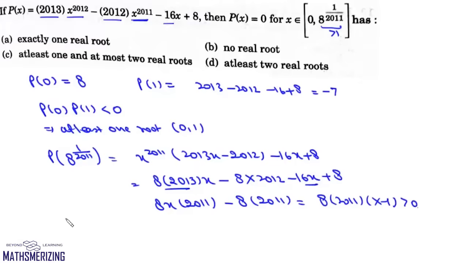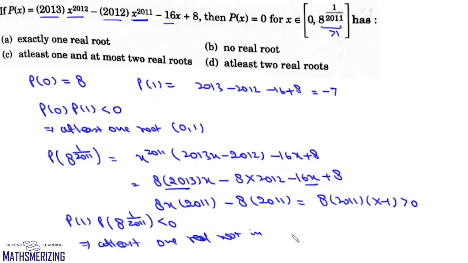So from here we can say P(1) into P(8 to the power 1 upon 2011) is less than 0. So this equation will have at least one real root in (1, 8 to the power 1 upon 2011) using Bolzano's theorem. So this equation will have at least two real roots, and that's your option D.